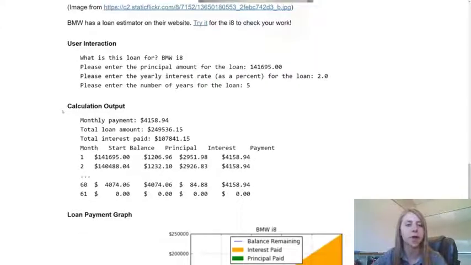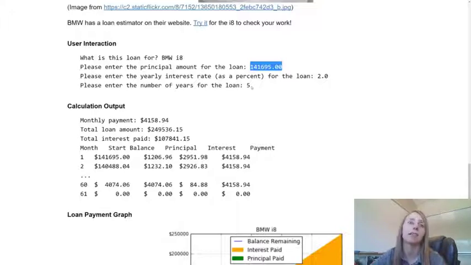Okay, so here's the interaction. What is this loan for? BMW i8. Please enter the principal amount for the loan. Here's the cost of the car, about $142,000. Please enter the yearly interest rate as a percent. Say you're getting a percentage rate 2.0%, and please enter the number of years for the loan.